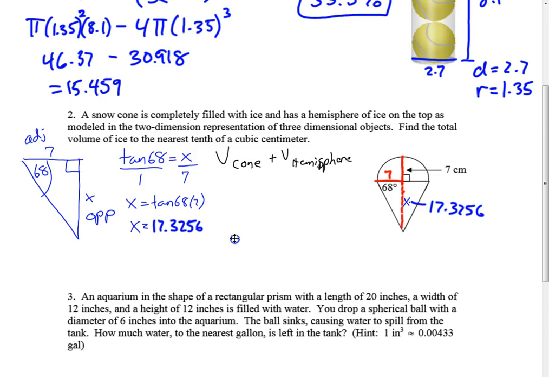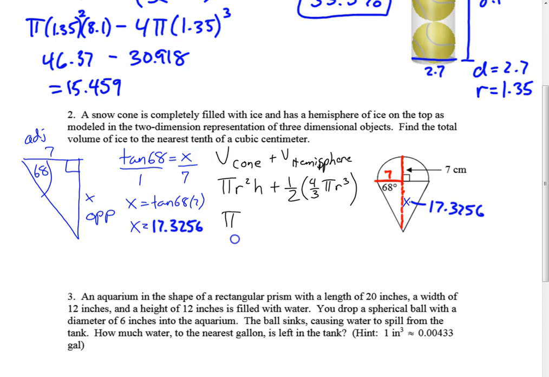The cone is going to be pi r squared h, and the hemisphere is going to be half of 4/3 pi r cubed, because a hemisphere is only half of the sphere.